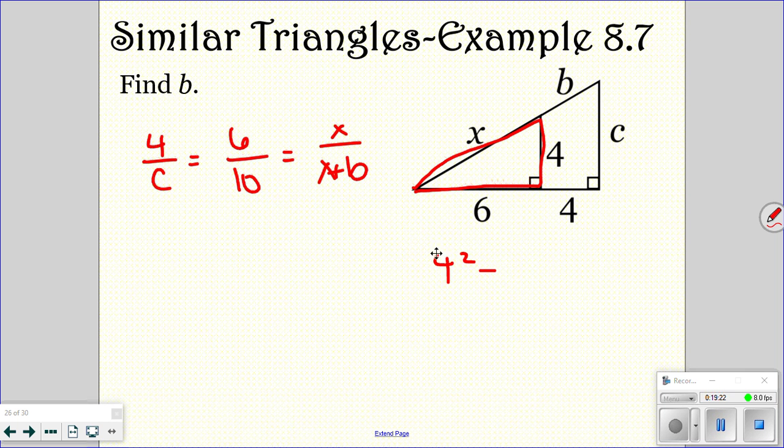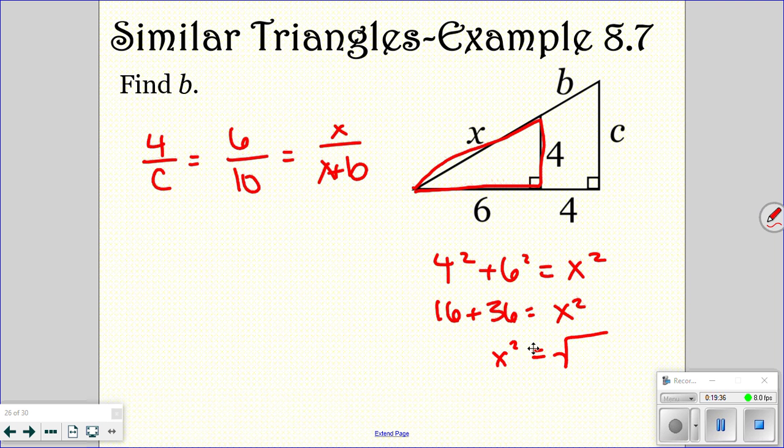Hopefully you said yes, using Pythagorean theorem. So x squared is the square root of, x equals the square root of 52, which is 2 square roots of 13.